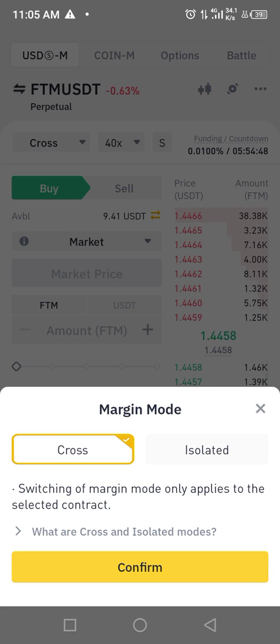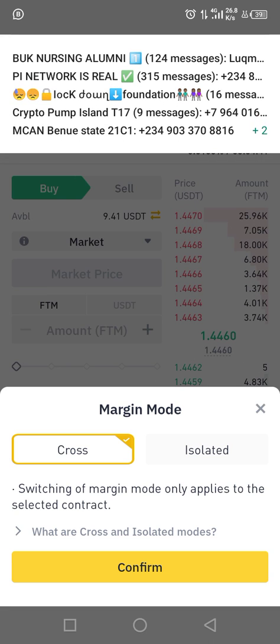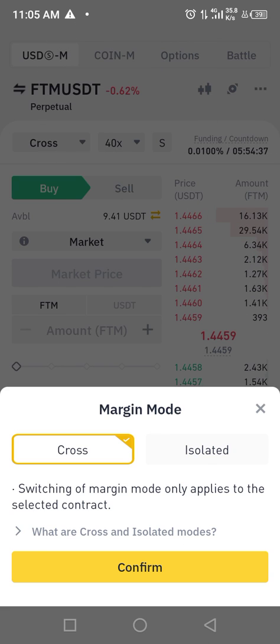Cross margin, I have told you theoretically what it means, and you understand. The futures contract is using the entire balance of your futures account for trading.